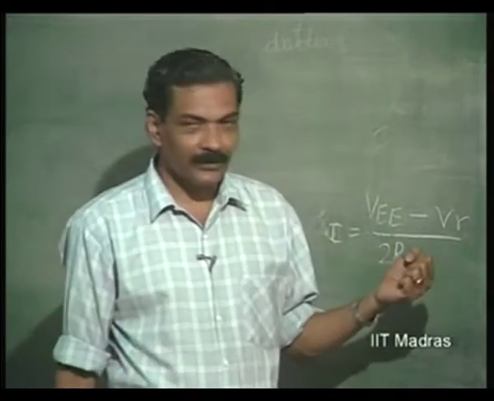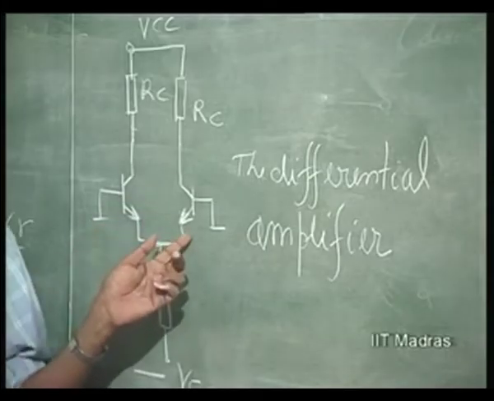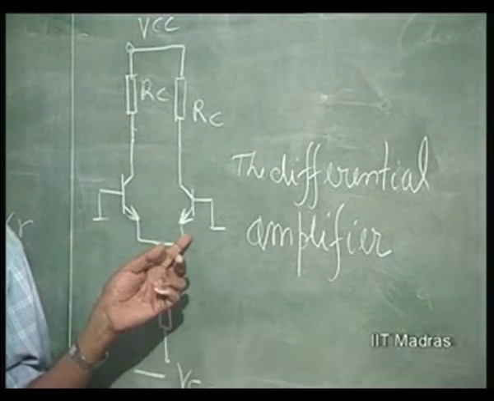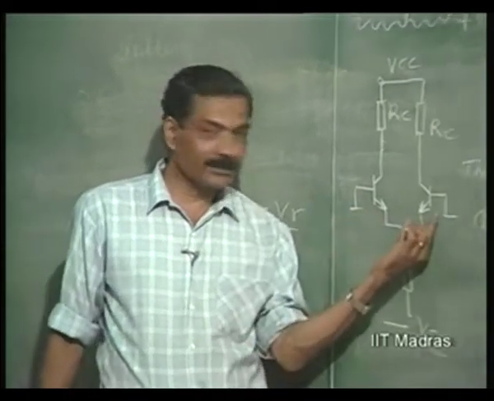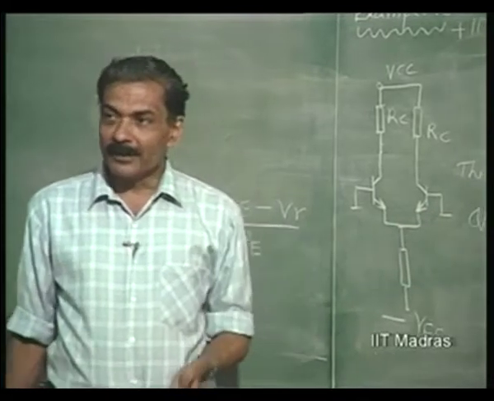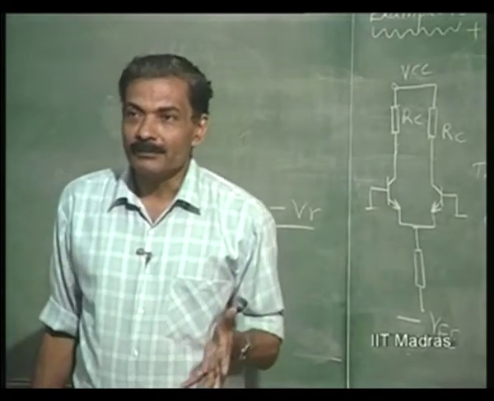Therefore, if I use an active element here to simulate this effect, what have I lost to a certain extent? It was not capable of making the impedance of the order of Re by 10. It is making it Re. That means I am losing a certain amount of gain. How much? If this is Re and this is also Re, I am now reducing the gain by half.